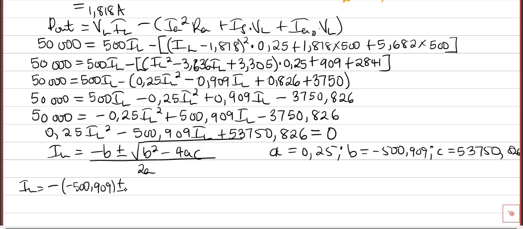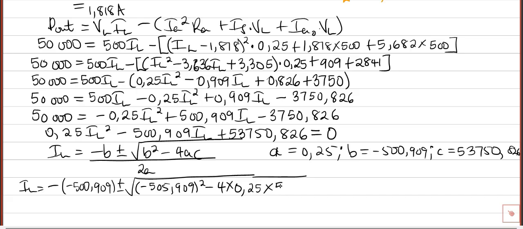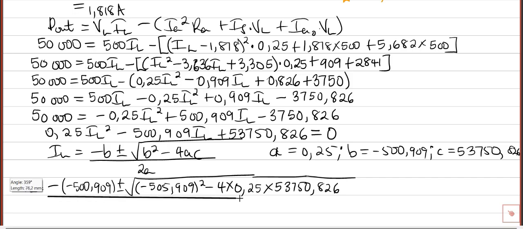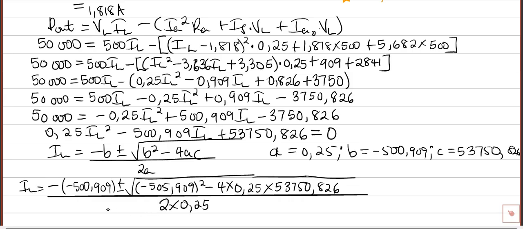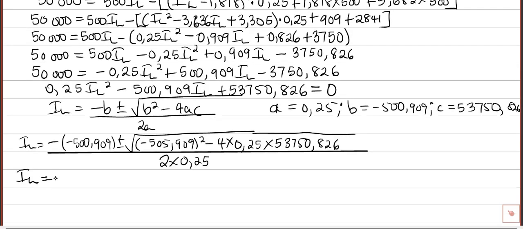So we're substituting, we're saying IL equals to minus open bracket minus 500,909 plus minus the square root of minus 500,909 squared minus 4 times our A we have 0.25 times C we have 53750,826 all over, we have 2 times 0.25. IL is equals to, let's type.